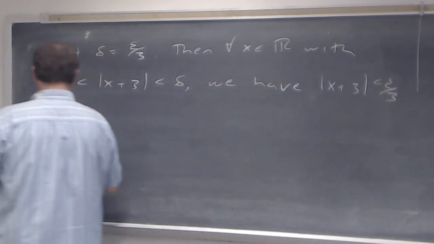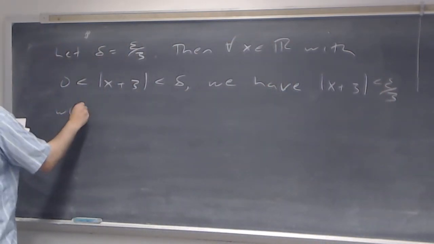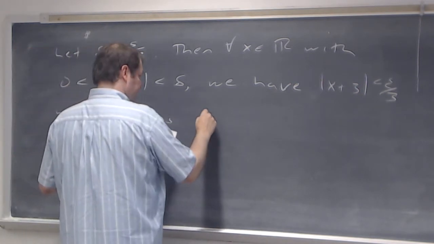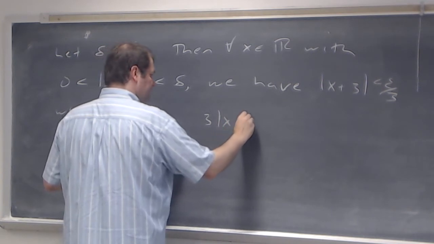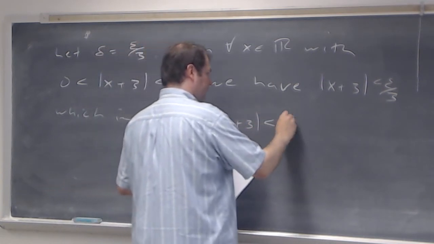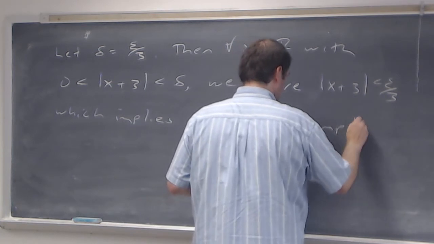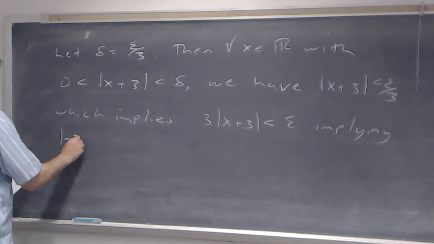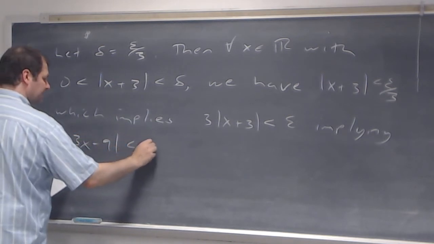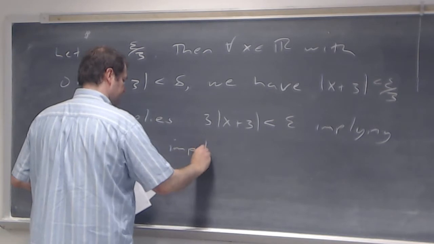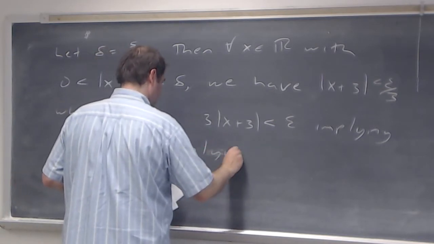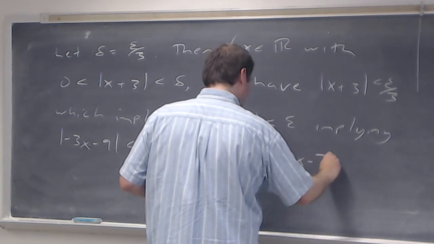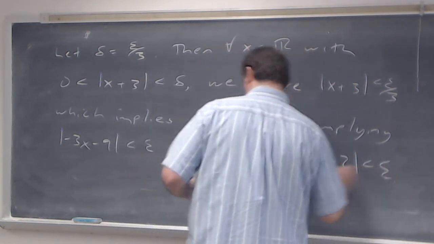I'm just working backwards, which implies that 3 times the absolute value of x plus 3 will be less than epsilon, implying the absolute value of minus 3x minus 9 will be less than epsilon, implying that the absolute value of minus 3x minus 7 minus 2 will be less than epsilon.